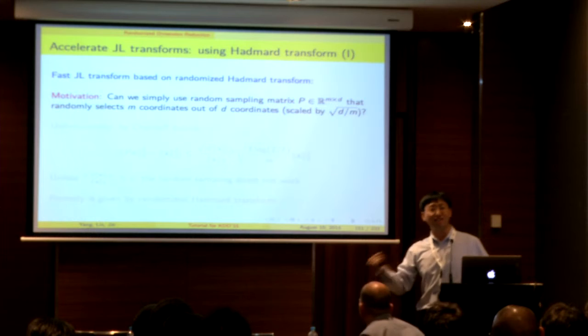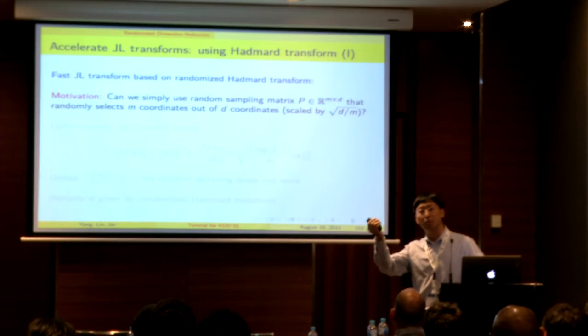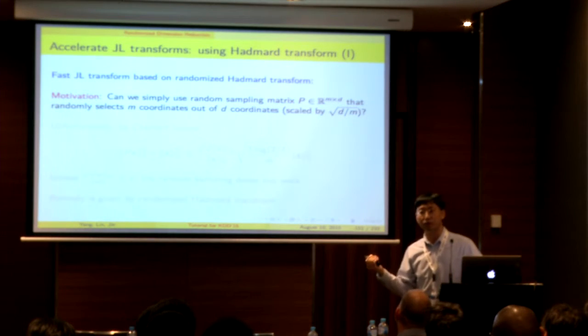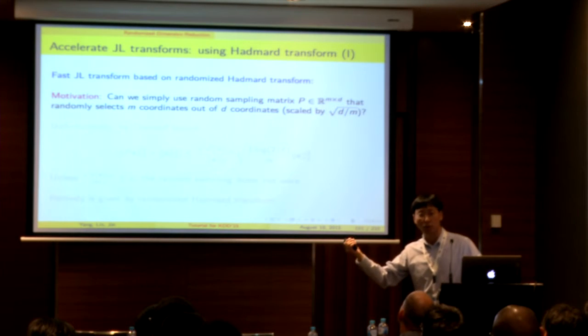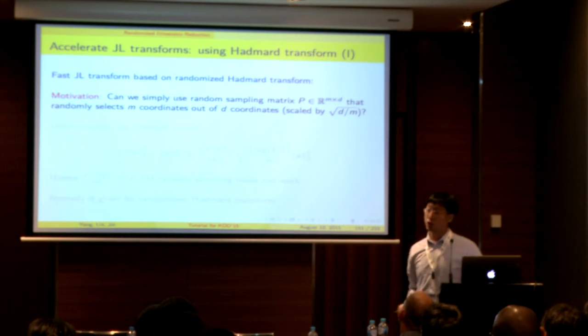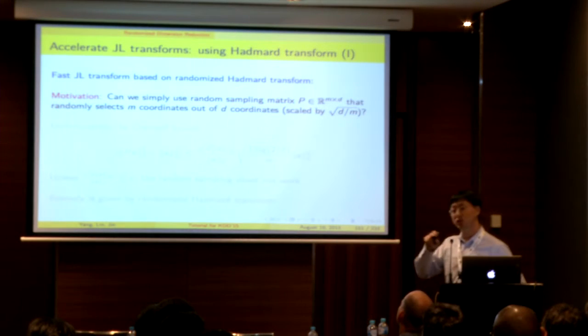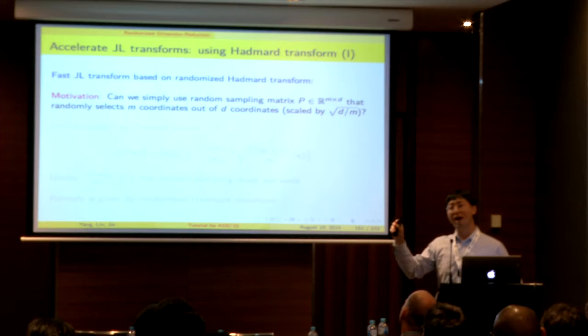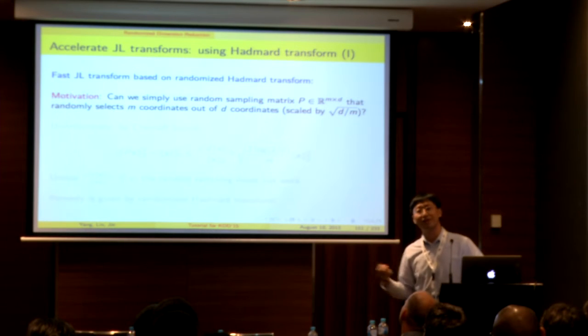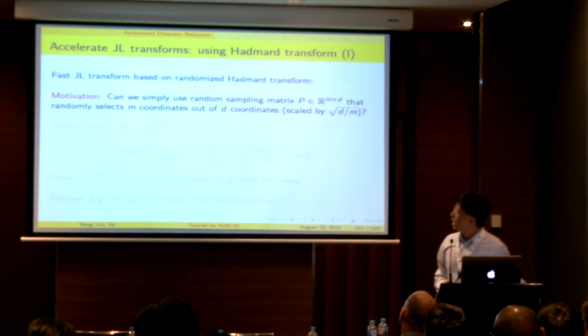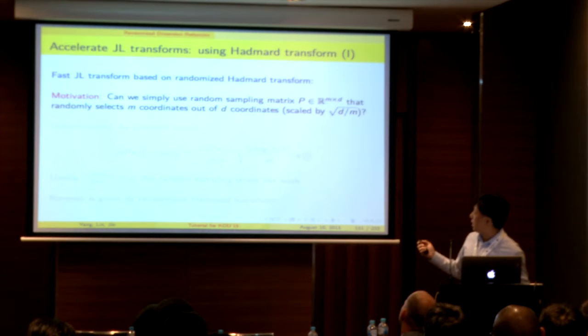The naive idea is to simply sample m coordinates. You can implement this by using a random sampling matrix P, where each row has only one non-zero entry, which corresponds to the sampled coordinate, and it's scaled by this value.